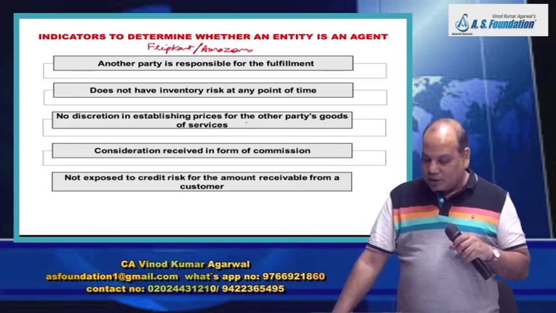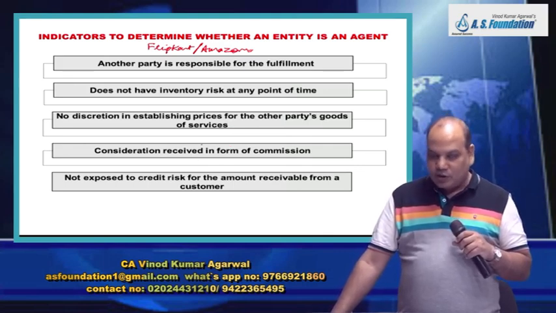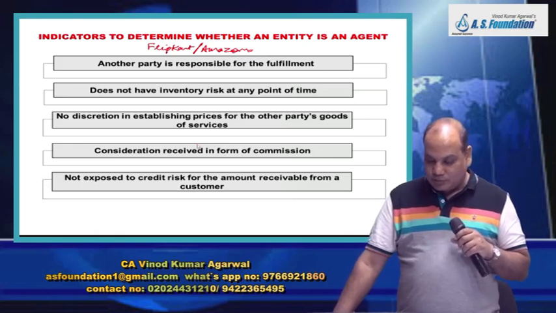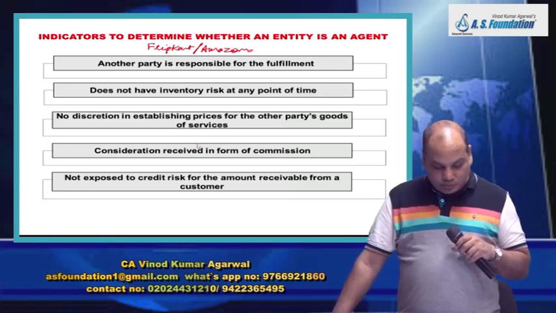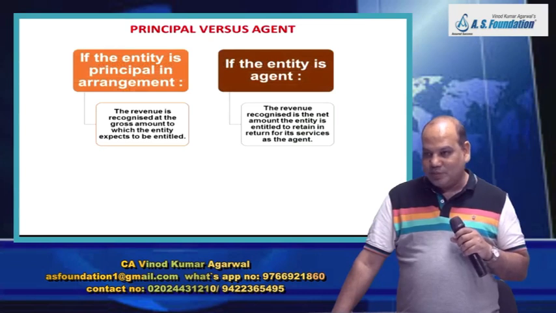Whatever the airline or the hotel asks them to charge, they will charge. And they receive consideration in the form of commission. So this chapter will make a huge dent on the top line of many companies, those who are agents.